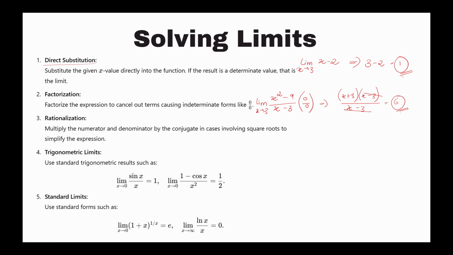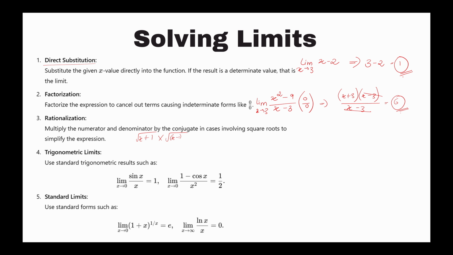Next is rationalization. Multiply the numerator and denominator by the conjugate in cases involving square roots to simplify the expression. I hope you all know this. Let's say you have root x plus 1. If you want to find its conjugate, its conjugate is simply going to be root x minus 1.